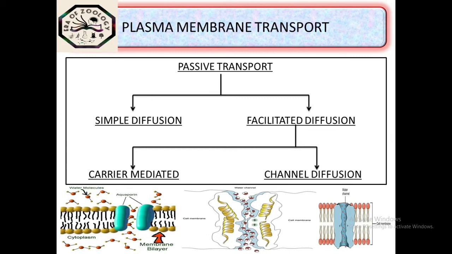Here the sodium ions will enter the cell, but some protein channels, some membrane proteins, will facilitate the sodium ions to enter. The sodium ion will never cross the membrane without the membrane proteins, like aquaporin proteins; membrane proteins help in this function.